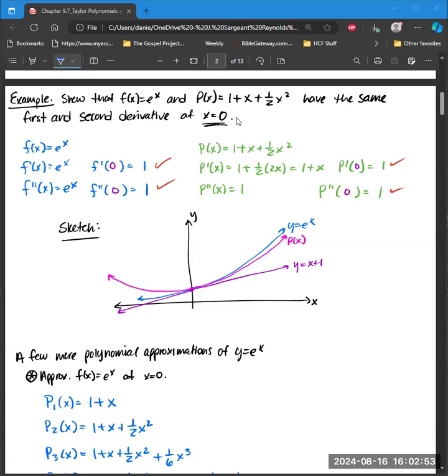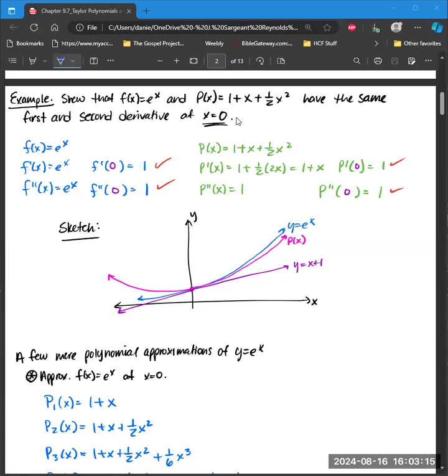So there's y equals e to the x, and there's p of x, this pink function. Look how good of an approximation that is for e to the x really close to 0. They overlap for quite a bit, or almost overlap.